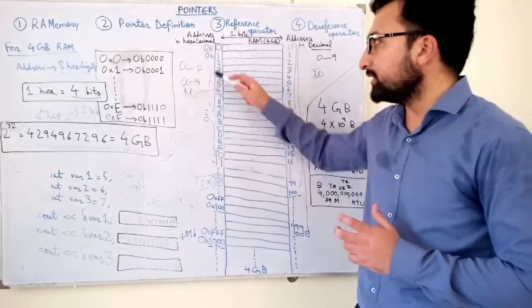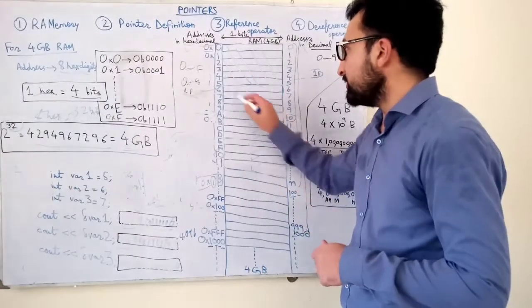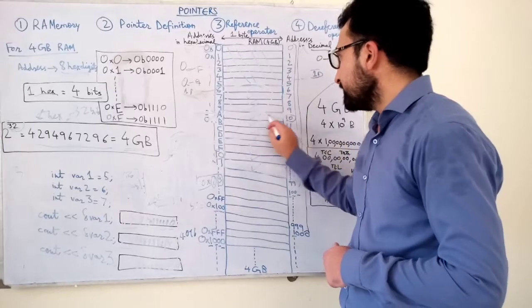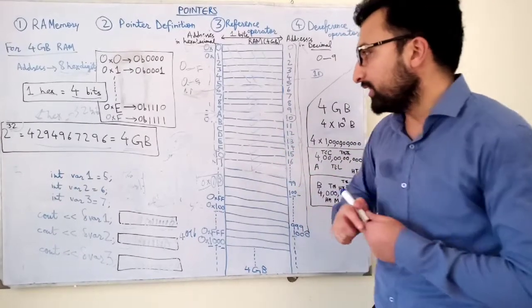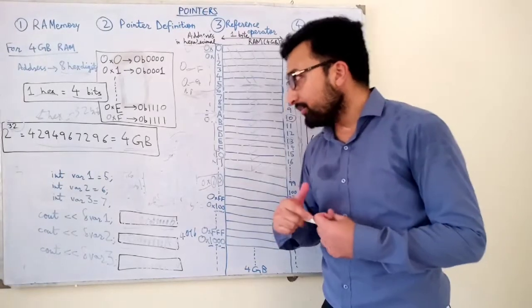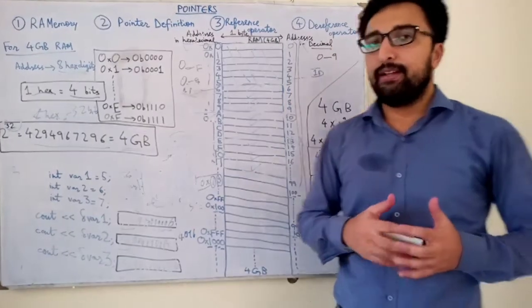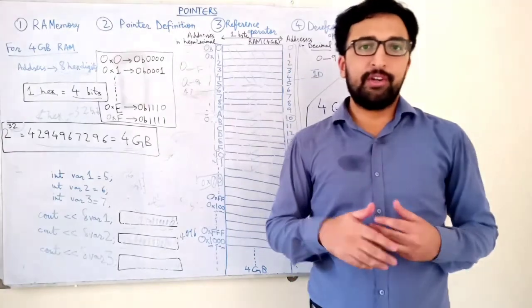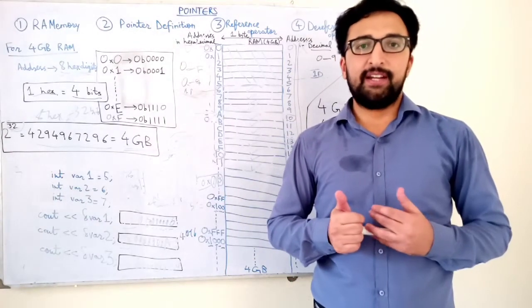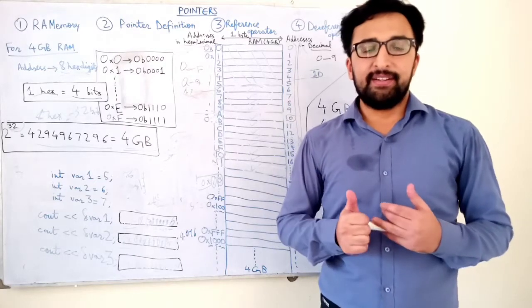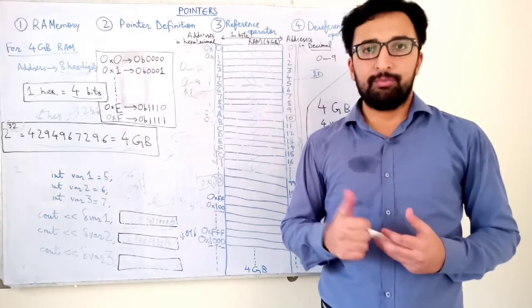So that is how variables are stored in the memory. This is our first variable here, this is our second variable here, and this is our third variable here that is stored in the memory. So that is the concept of random access memory that needed understanding before starting the concept of pointers.